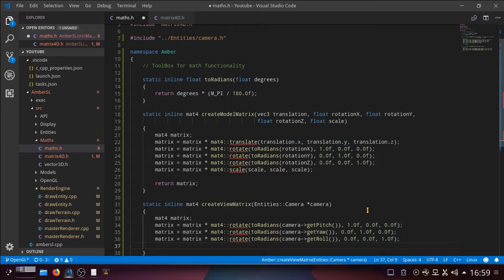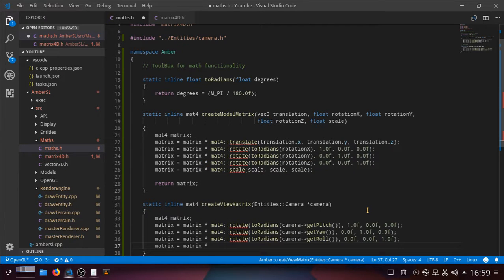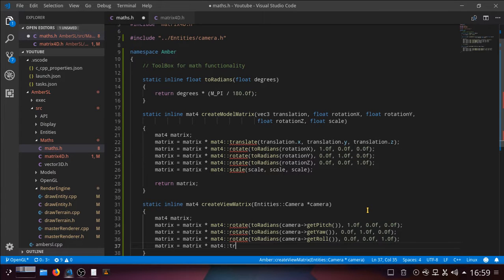We need a translator, I suppose. So matrix equals matrix times a mat4::translate, which we will have written. I'll open the brackets.